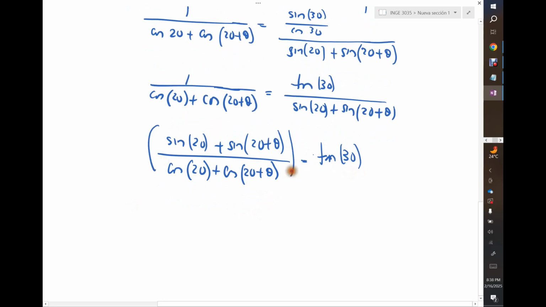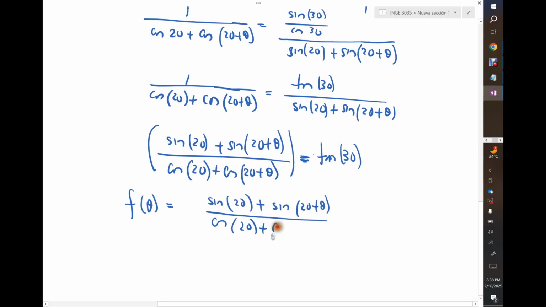So you can take this part here and you end up with a function something like f of theta equal to sine of 20 plus sine of 20 plus theta divided by cosine of 20 plus cosine of 20 plus theta minus tangent of 30, and that's equal to 0.